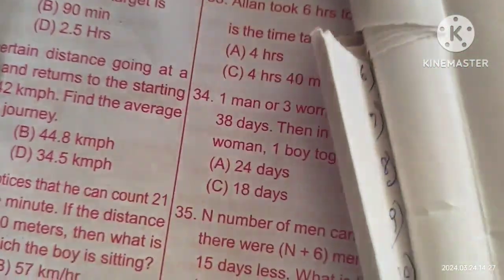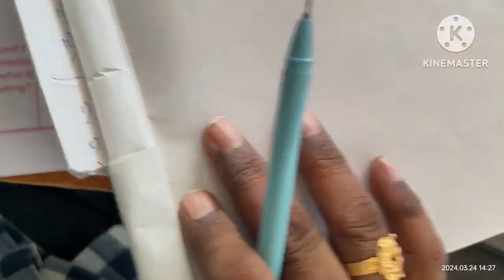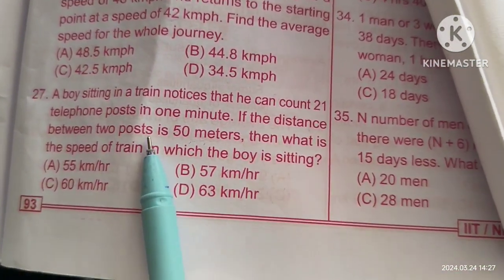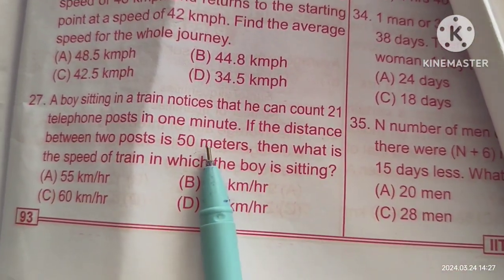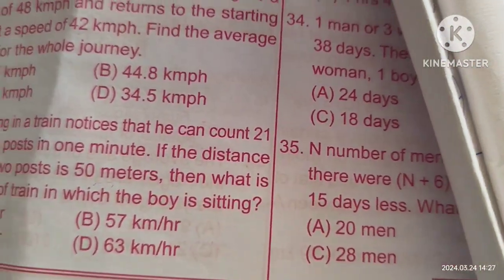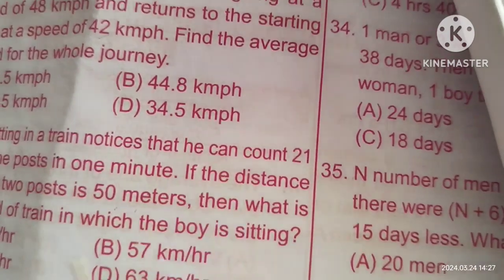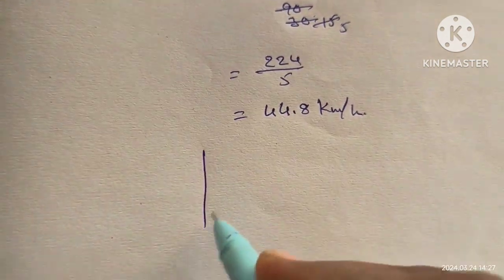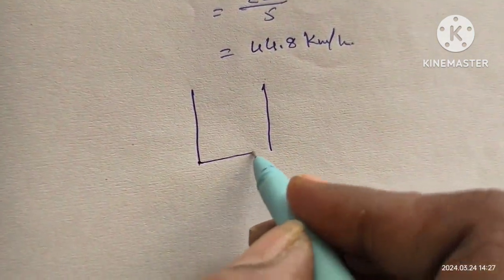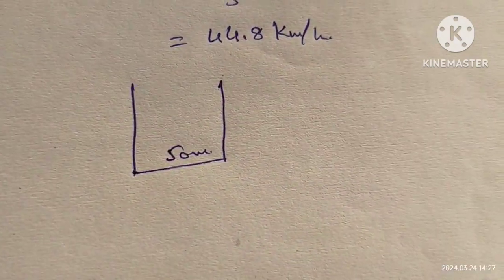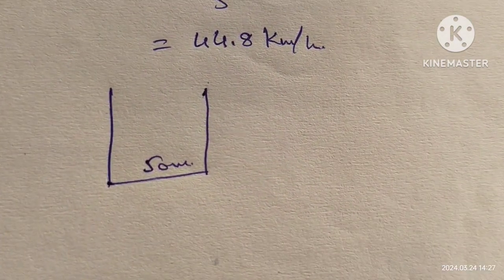Here a small question before saying this. For example, if the distance between two poles is 50 meters, then what is the distance between three poles?